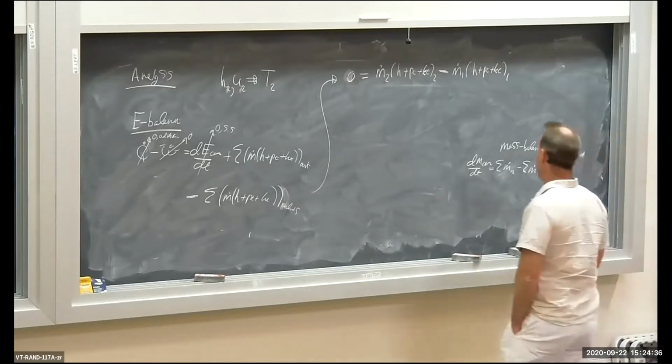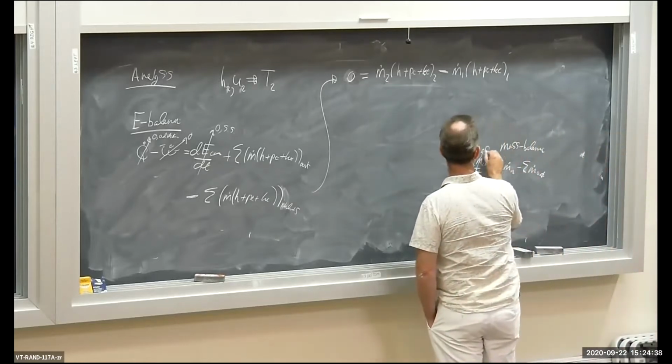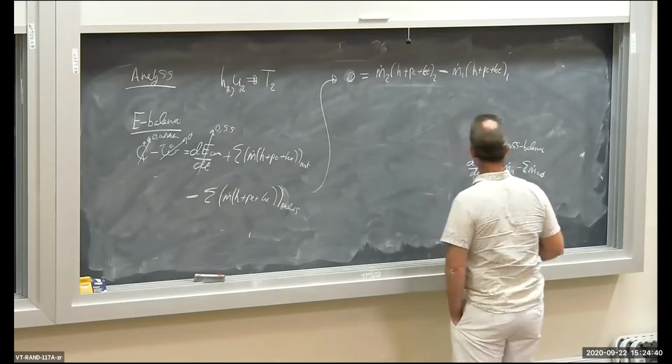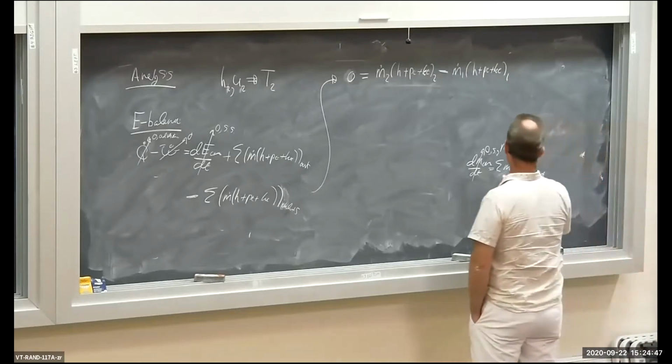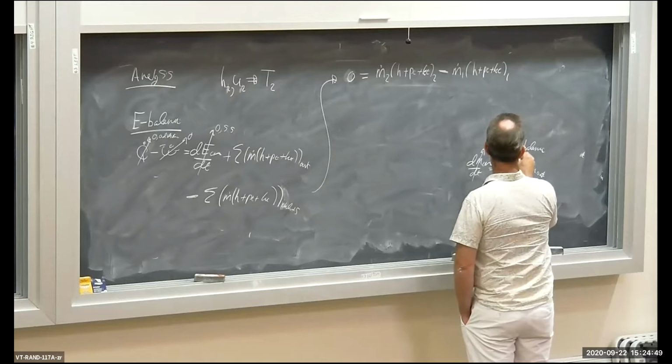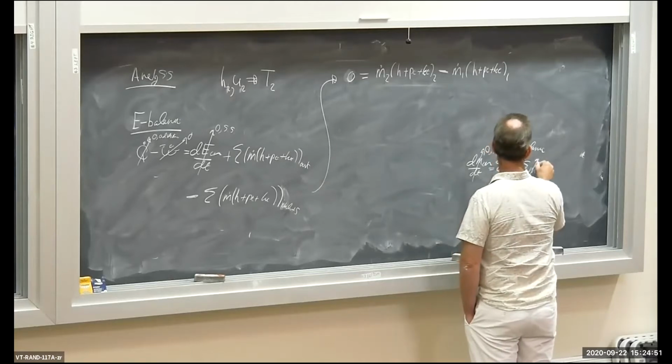Steady state, so there's no change in mass inside of our nozzle over time, so that goes to 0. Single inlet, single outlet. The inlet is at location 1, so I have m dot 1, and the outlet is at location 2, so I have m dot 2.